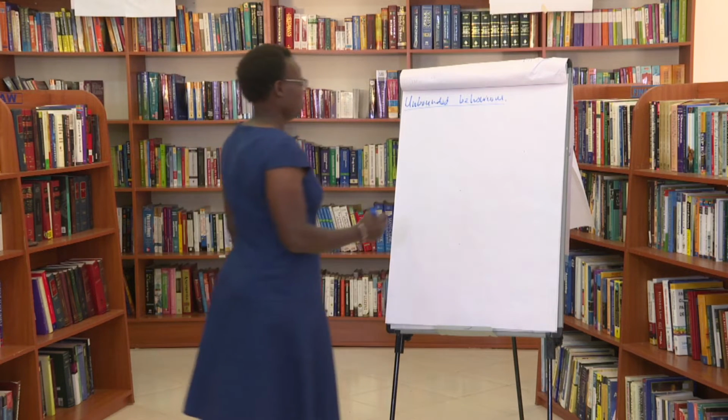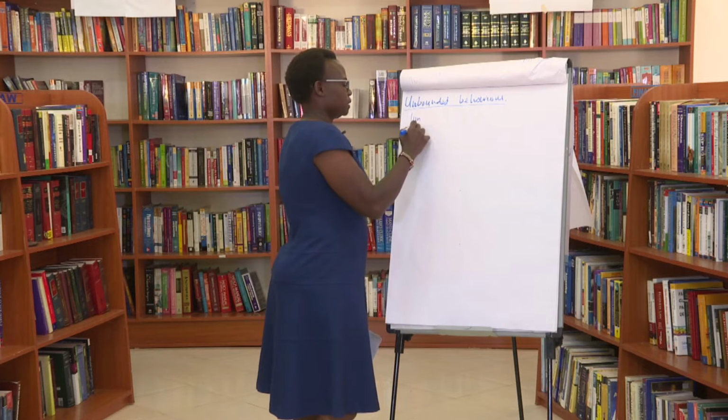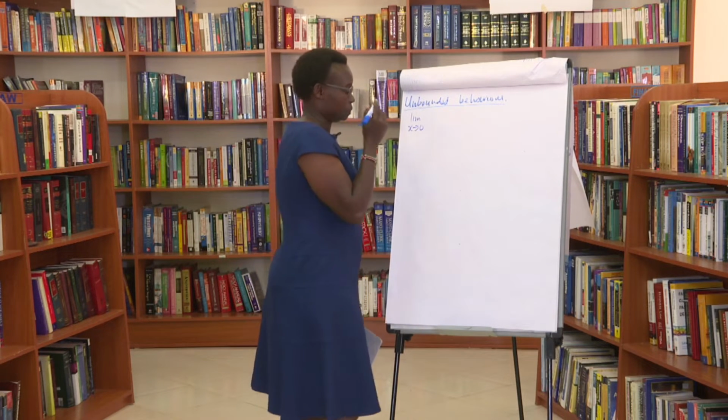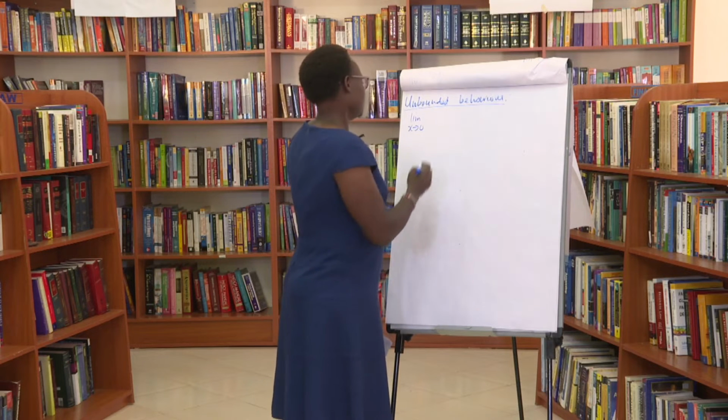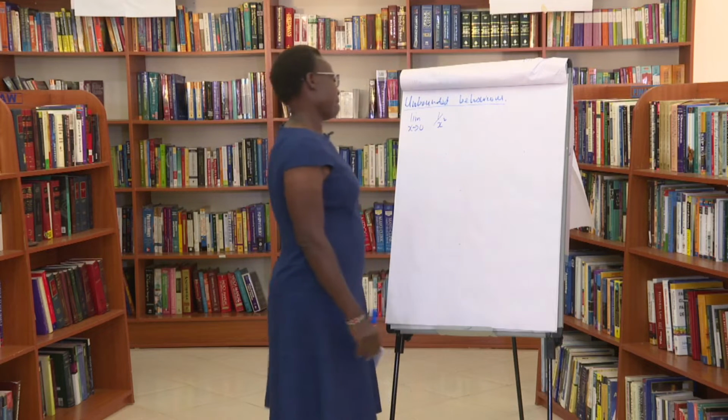So again, here we'll use a function. The limit as x tends towards 0 of, let's say, 1 over x squared.